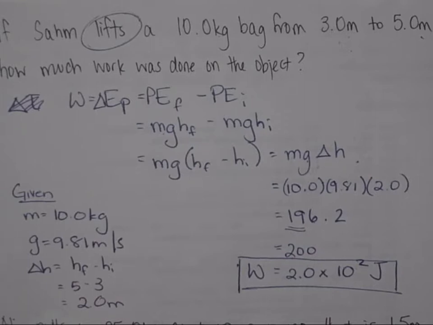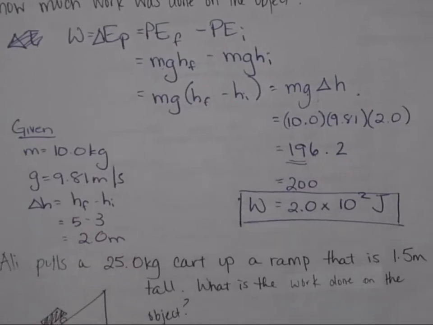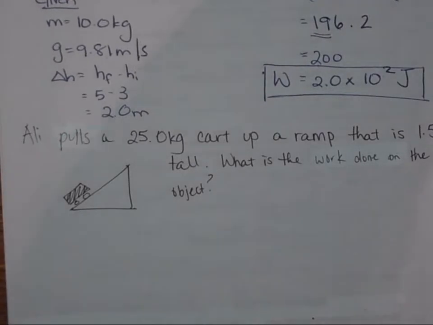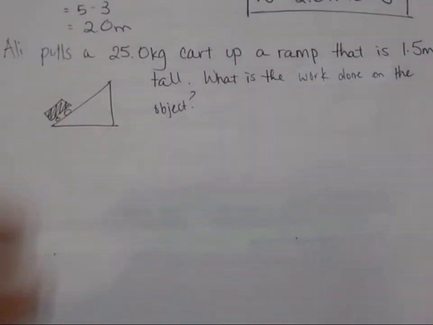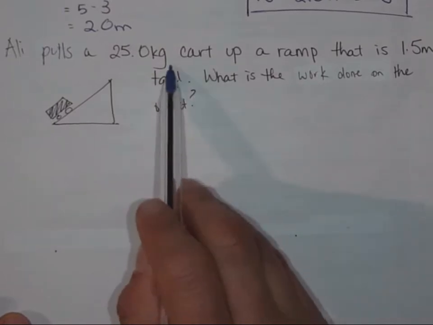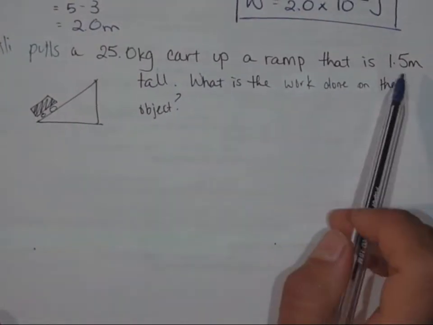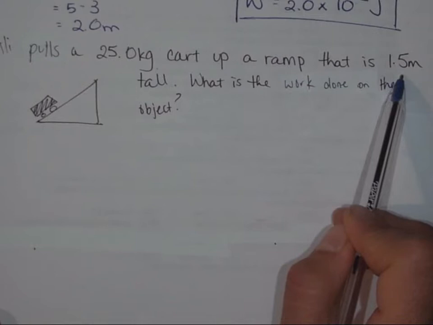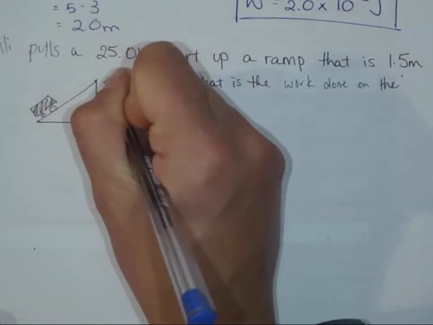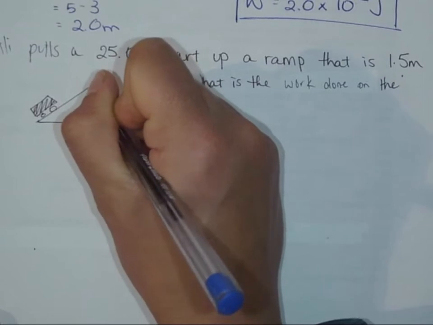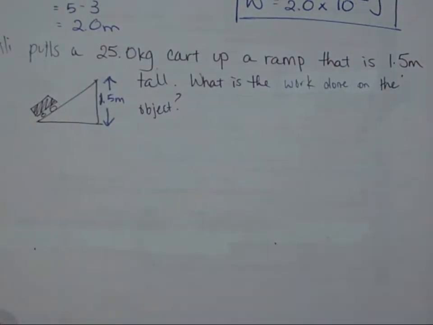Okay, now I'm going to use a slightly different example. Now we're looking at Ali pulling a 25 kilogram cart up a ramp that is 1.5 meters tall. So this height is like this. What is the work done on the object?